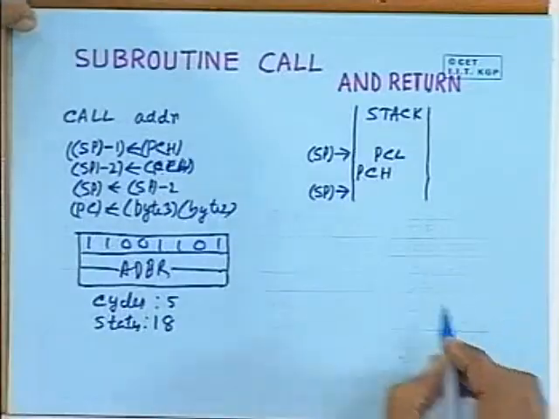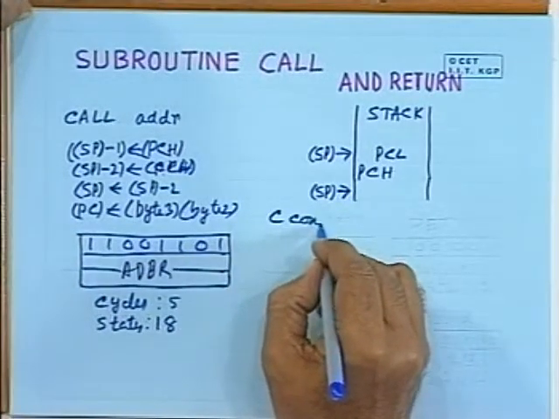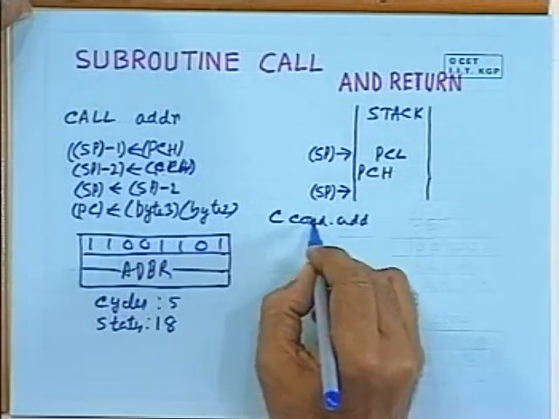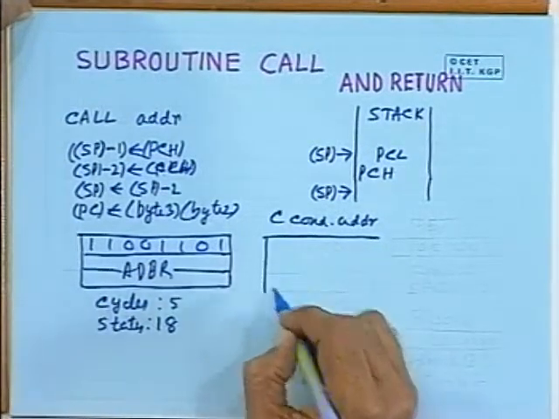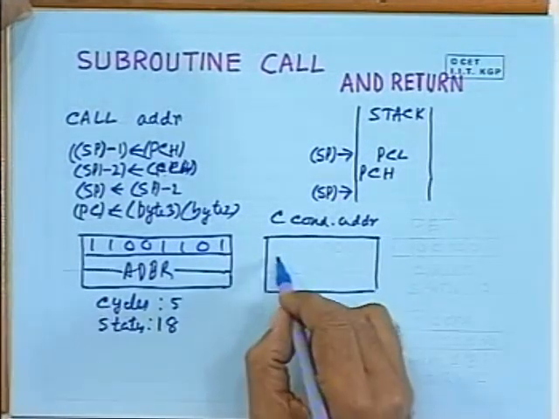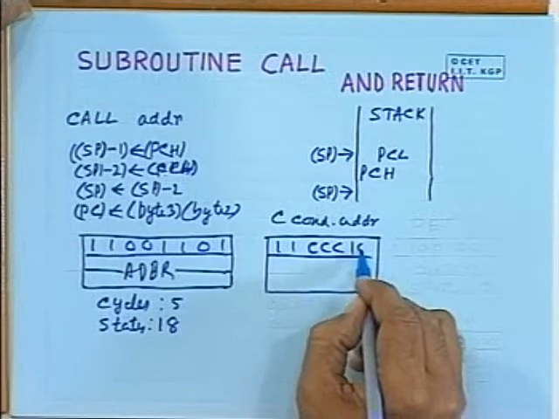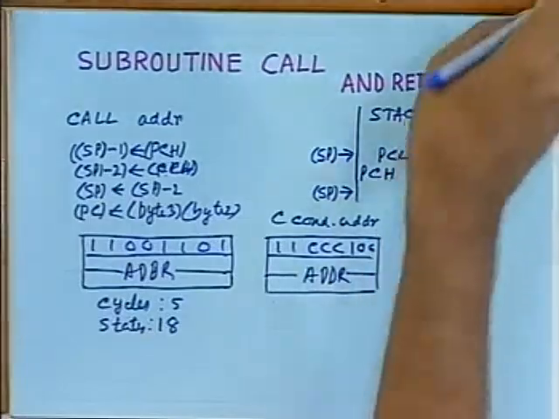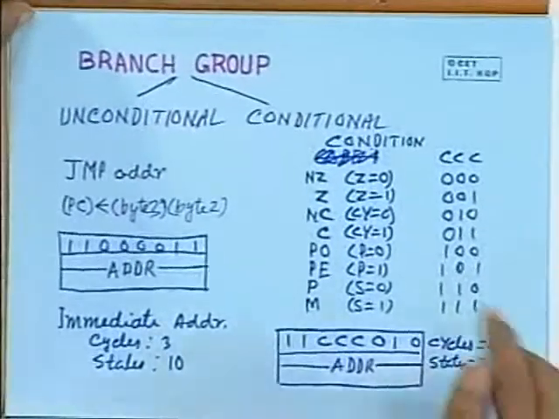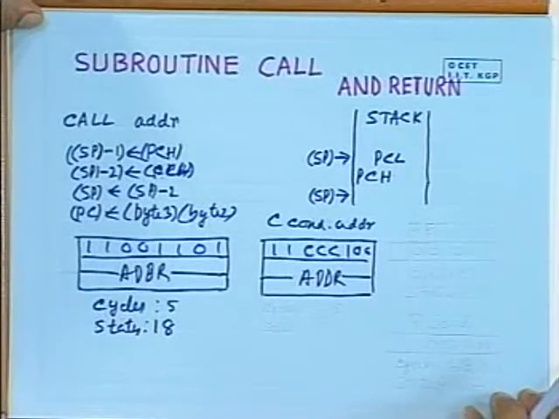So you can use the same conditions, followed by the address, and we shall be using the same condition codes, that CCC value, as part of the instruction. Here is your CCC, and then the address. The same conditions which are used in the case of conditional branch are used in the case of conditional subroutines.